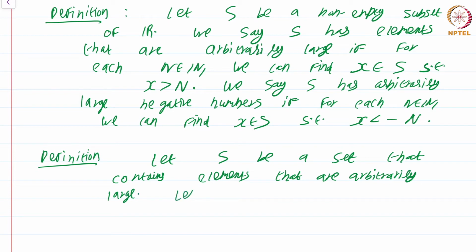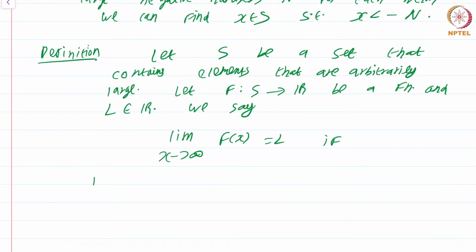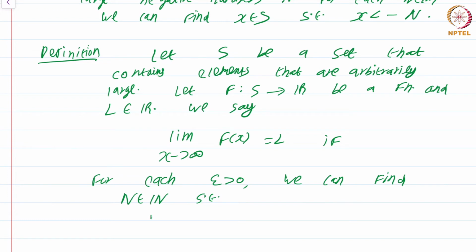Let f from S to R be a function and L be an element of R. We say the limit as x goes to infinity of f of x equals L if for each epsilon greater than 0 we can find capital N in N such that if x is greater than N and x is in S, then the absolute value of f of x minus L is less than epsilon.